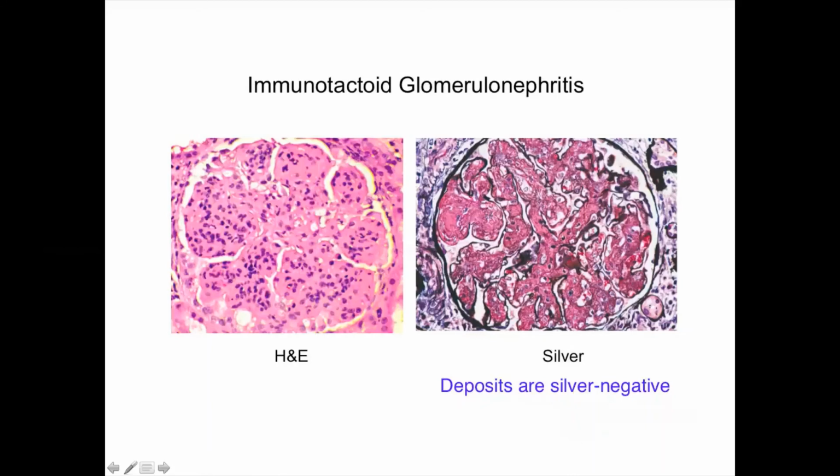Right, and look, silver is completely negative. Right, we showed you outside of the glomerulus and it's completely negative. All of this is just the deposition of the immunotactoid within the glomerulus.